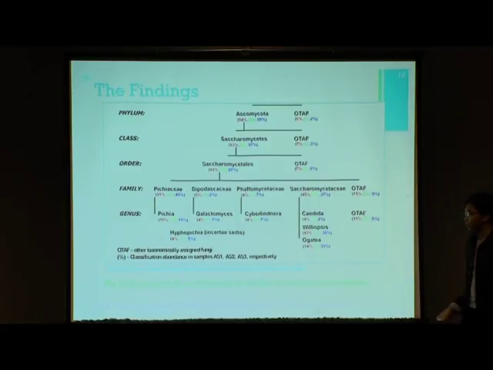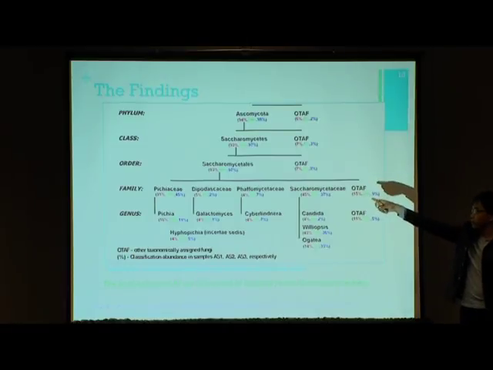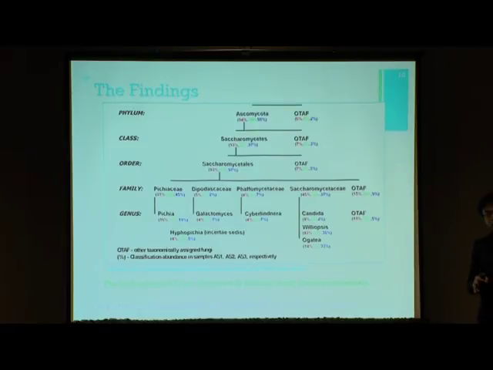And we found this profile of the Ascomycota phylum. Now the interesting thing here is that at the order level, the Saccharomycetales, those are the budding yeasts. Budding yeasts proliferated during that time of lipid enhancement. So they survived and they ate the acetic acid and even other acids in the process.